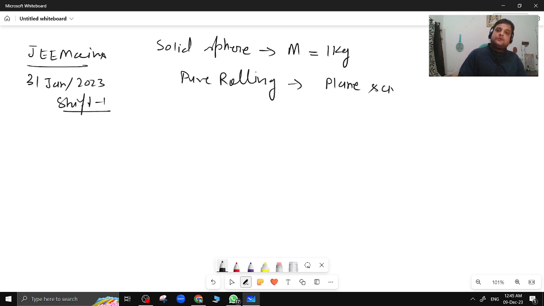Just remember, this concept is only applicable when the surface is plane. If the surface is inclined, you will get a different answer. You must notice whether the surface in the given question is plane or something different.